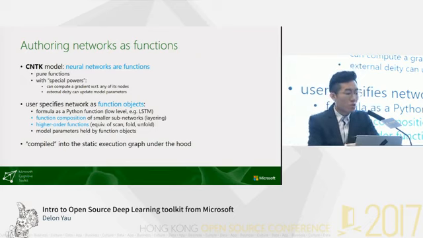The user specifies the network as function objects, the formula as a Python function, either at a low level, for example LSTM, or as function composition of smaller subnetworks. We have layering, and some higher order functions, equivalent of a scan or fold and unfold.